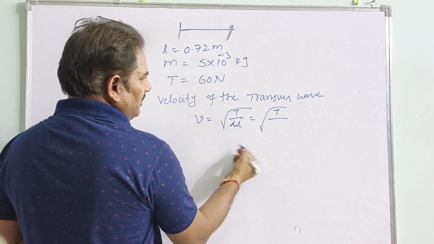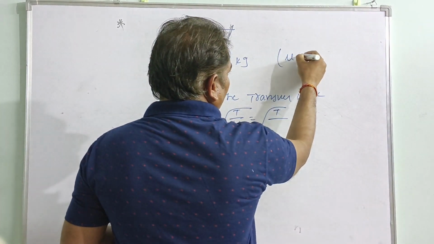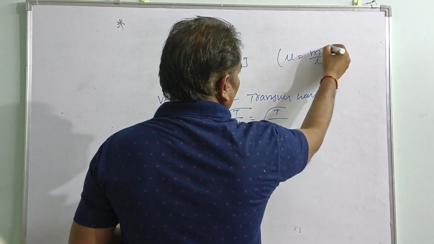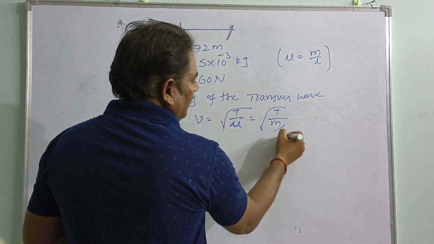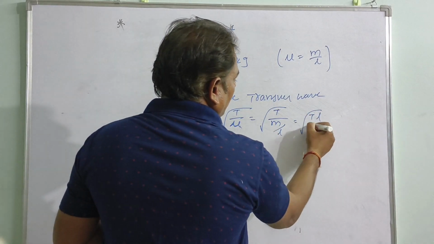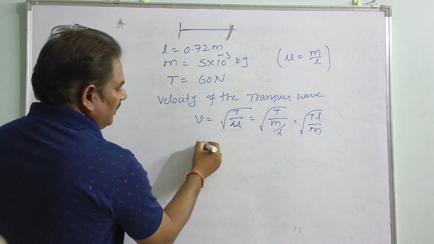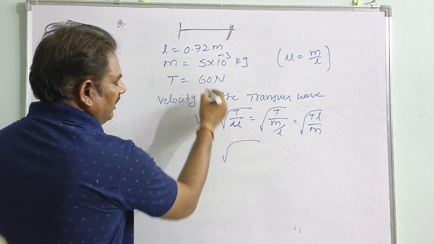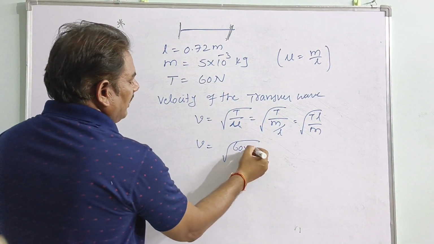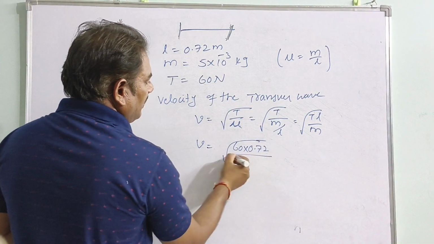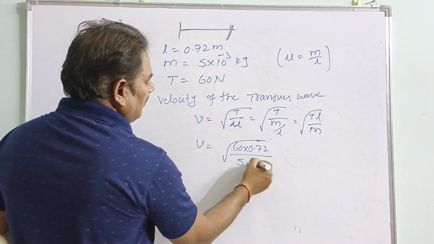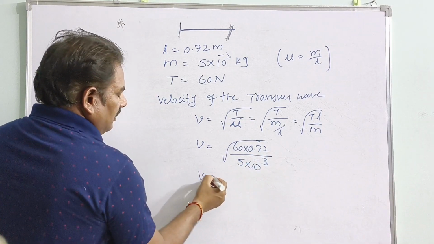Linear density mu is mass per unit length. So m by l, then we get TL by m. So V is equal to under root, T value is 60 and length is 0.72 by mass 5 into 10 power minus 3.